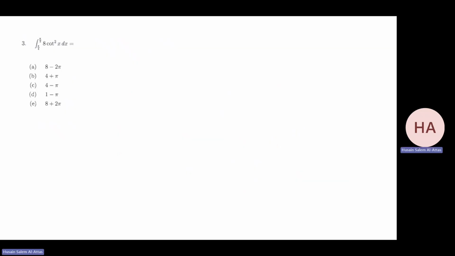8 cotan square. How to deal with cotan square? You don't have a rule for cotan square. But I know, usually I start with identity. If I want cotan, I divide cosine by sine. I have 1 plus cotan square equals cosecant square.